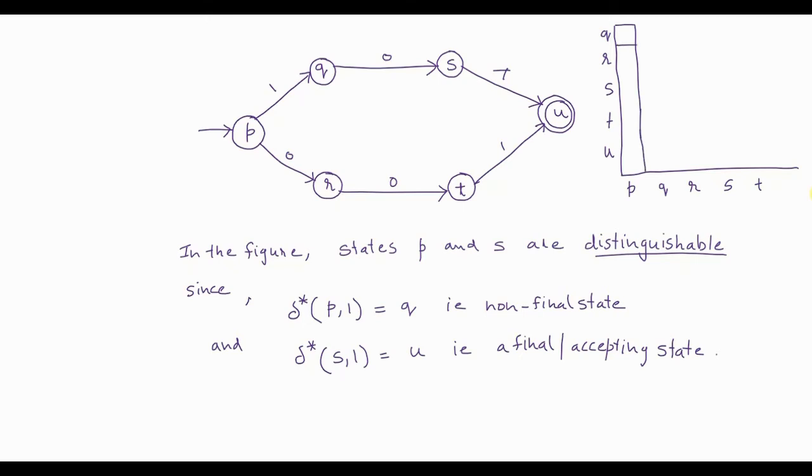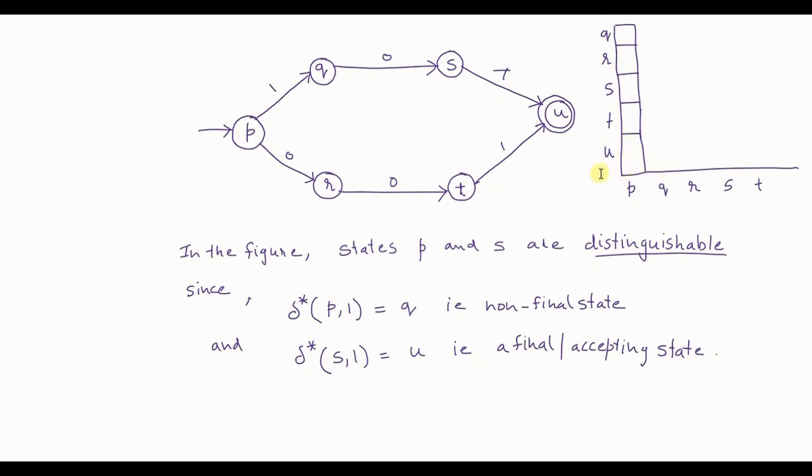So you will have Q, R, S, T, and this is for U. This cell here is P comma Q. This cell here is the P comma R cell. This cell here is P comma S. This cell over here is P comma T, and the last cell here is P comma U. Fine. So this is how the rows and columns will be built.